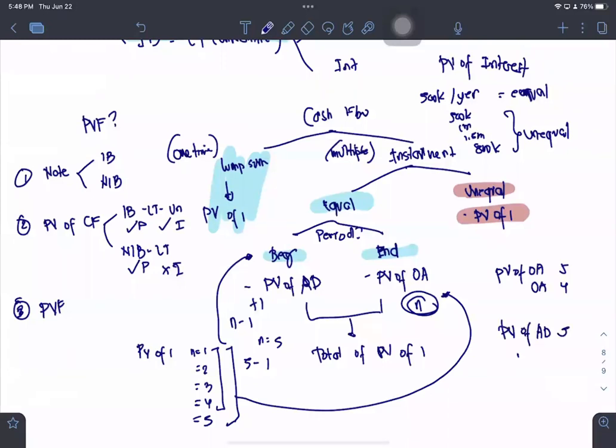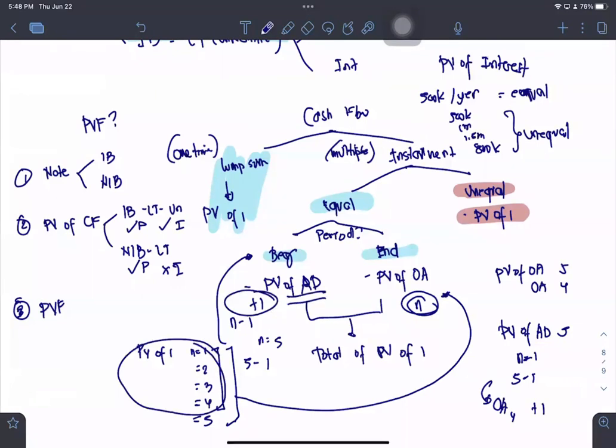The period is 5, so that is n less 1, so 5 less 1. So what PV factor will you use? You take the OA of 4 and add 1, because that is already the AD. Notice that the total, when you add 1, is the AD. So in short, the previous OA, add 1, that is the AD.